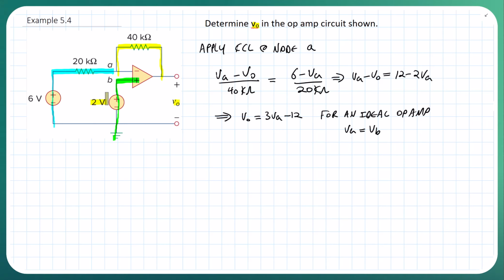So as VB is 2 volts, that means VA is also 2 volts. So we can plug this in here. We get V naught equals 6 minus 12, and that gives us minus 6 volts. So that's our V naught here.